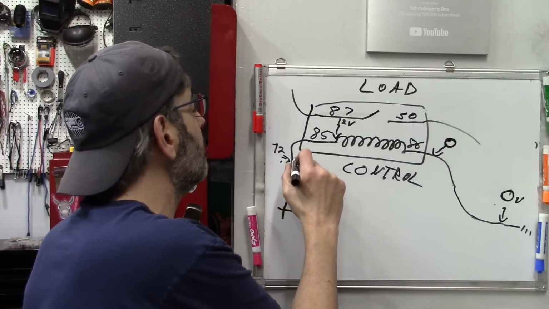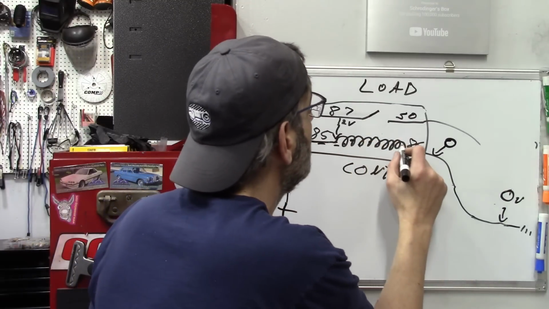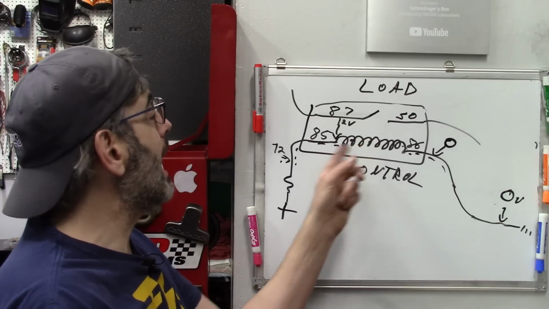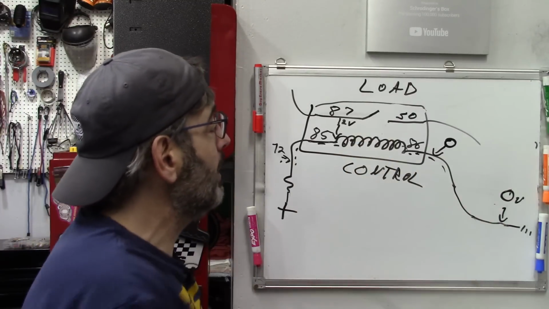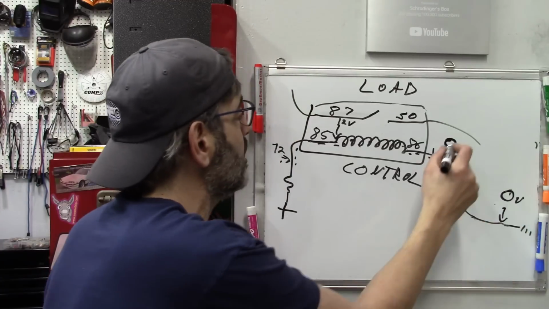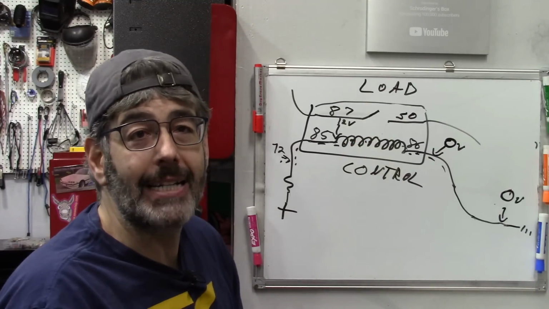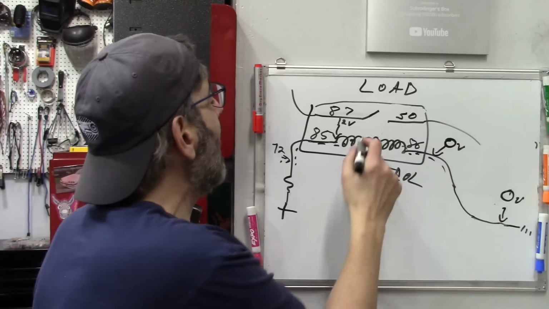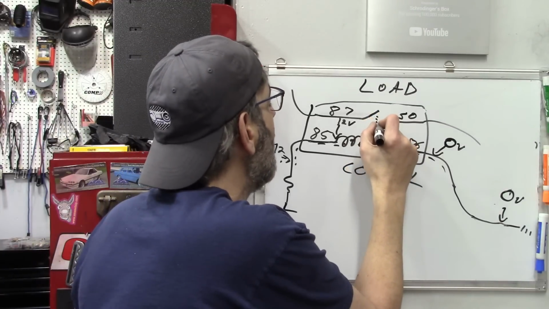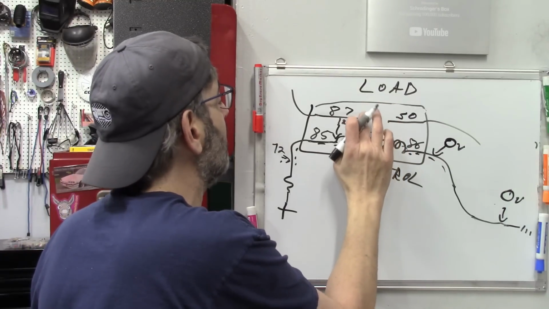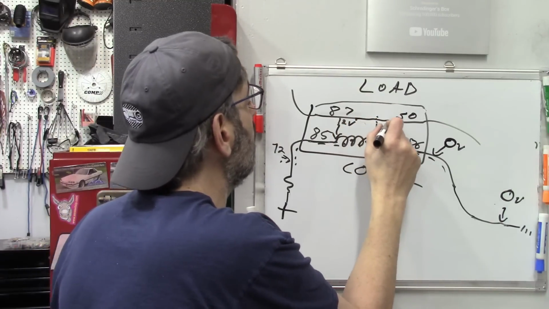We now also have current going through here. And when we have current going through here because we've closed this switch, 0 volts there, that creates a magnetic field. That magnet operates on this metallic switch to pull this metal switch closed.